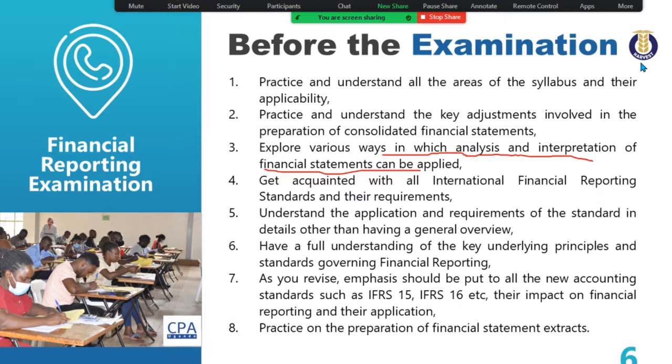Just prepare the sections of the statement that are affected by the standard, depending on the transaction that you're given.